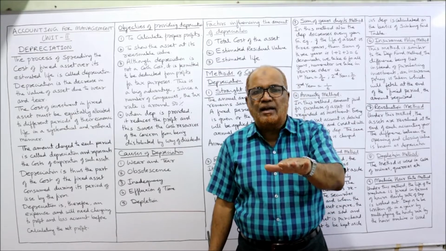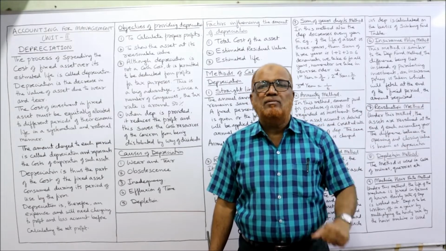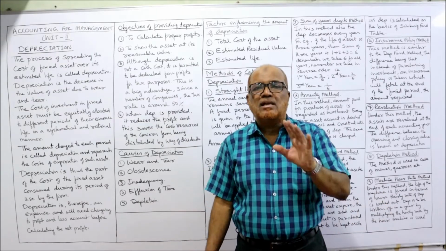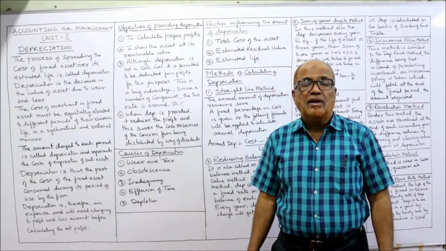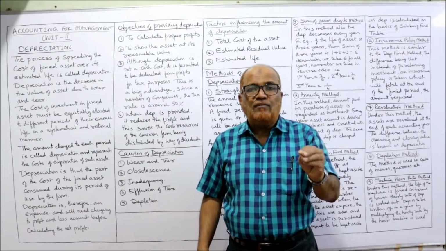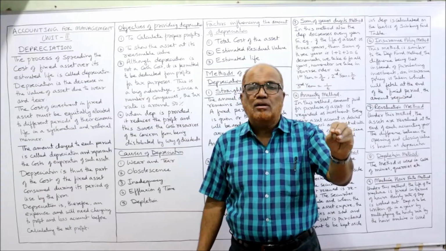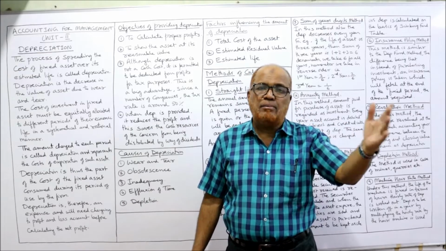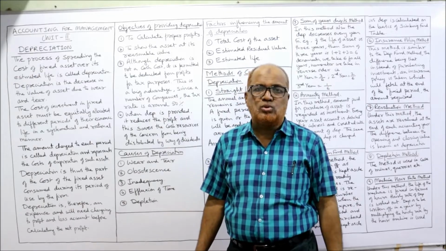When profit is reduced, our tax liability will also be reduced. Normally in most business houses, the tax liability is at the rate of 50%. There is a heavy rate of tax on business income. So if we charge depreciation, then our profit will come down. When profit reduces, our tax liability will also get reduced.